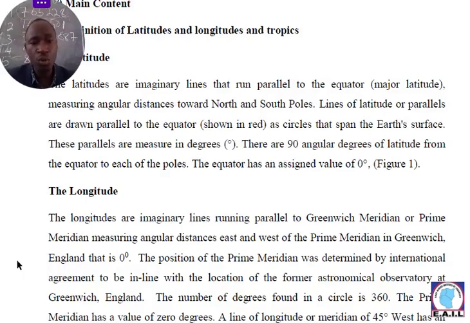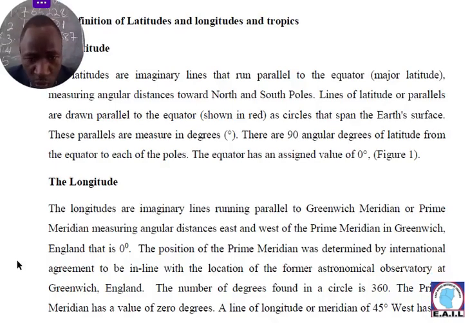At this level, we call them that because they run parallel to the Greenwich meridian, or the prime meridian. When we proceed, they also have a degree, and the starting degree is 0 degrees, where they are measured all around the globe.